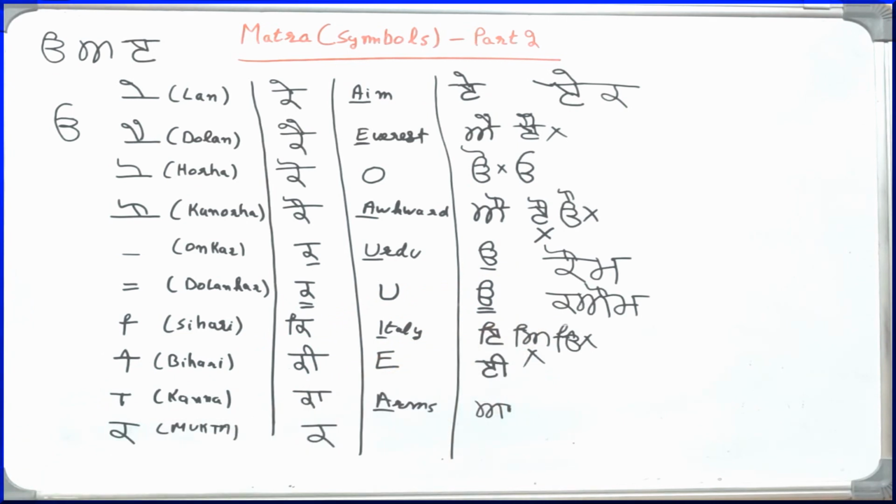Because it did not change the sound of kakka. It just added its own sound after kakka. So this is the second point that we discussed. So this is the thing that you have to remember. You want to add the sound on a letter, you want to change its sound, or you want to use the sounds individually. You can do it in both the ways. It all depends on the word that we are using.